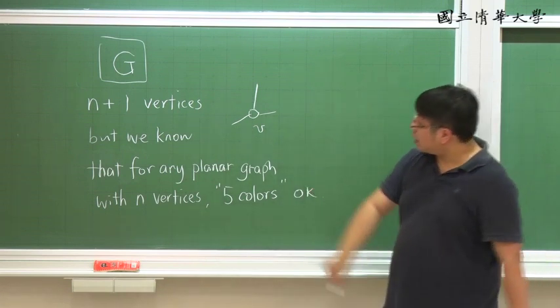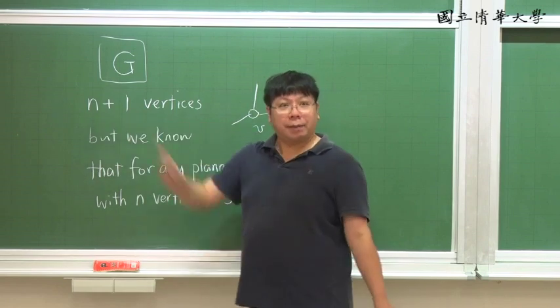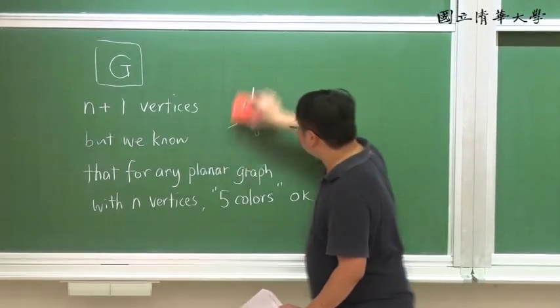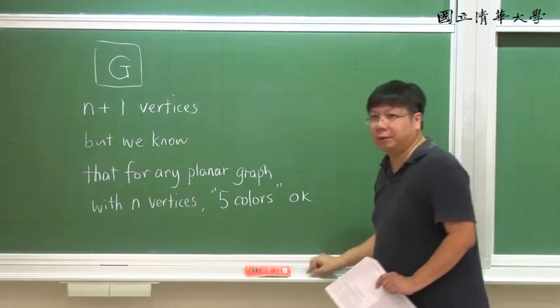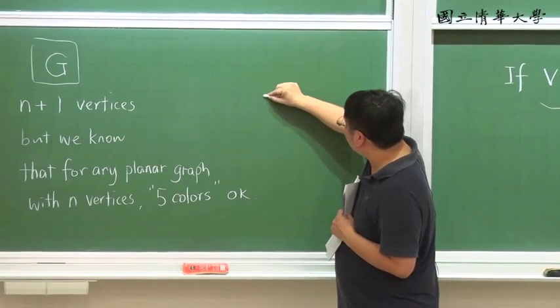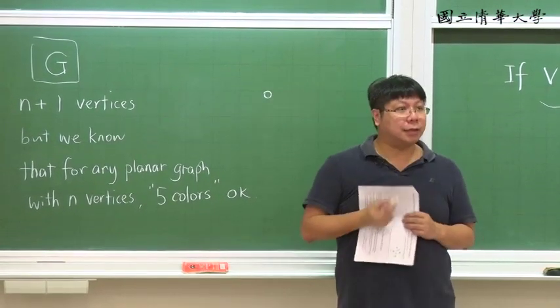So now let us consider what happens if we have n plus 1 vertices. We start with finding a vertex that has degree less than or equal to 5.